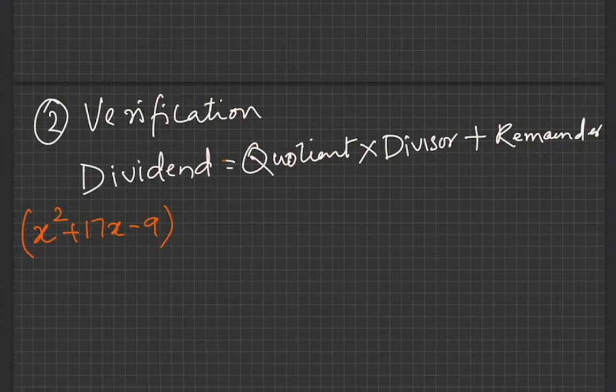This is the equation here, the equals to sign. So this is the LHS. This is RHS. If our answer is correct, or if the quotient and the remainder is correct, then LHS should be equal to RHS. So now what is my quotient?